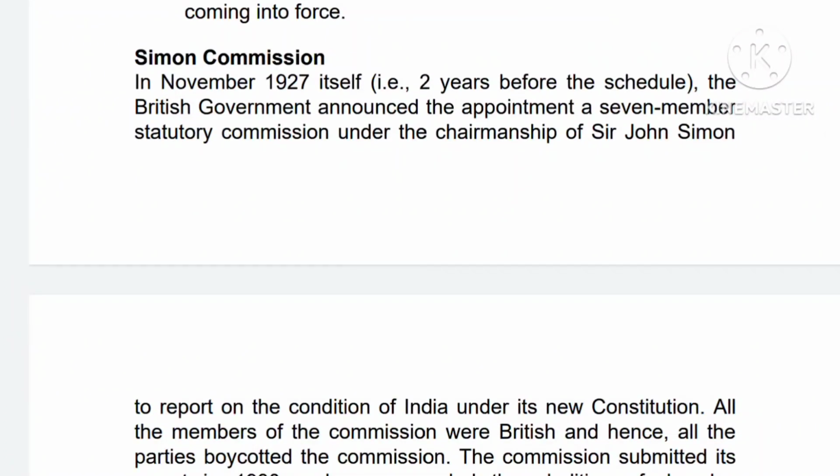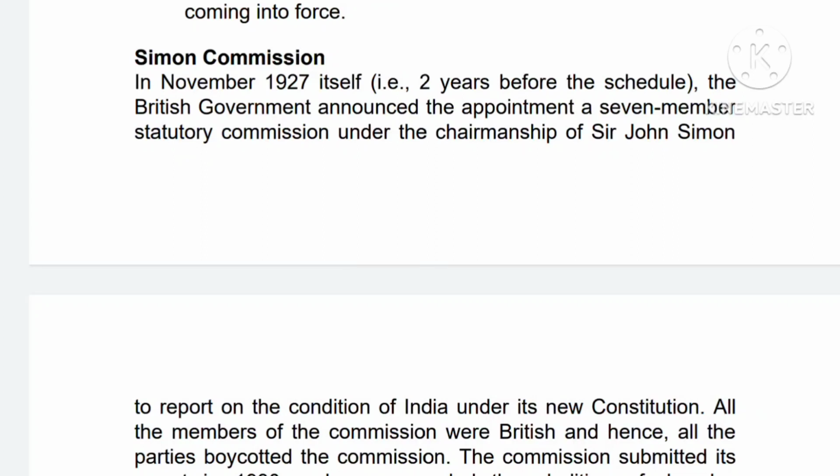Simon Commission. In November 1927 itself, that is 2 years before the schedule, the British government announced the appointment of a 7-member statutory commission under the chairmanship of Sir John Simon to report on the condition of India under its new constitution.